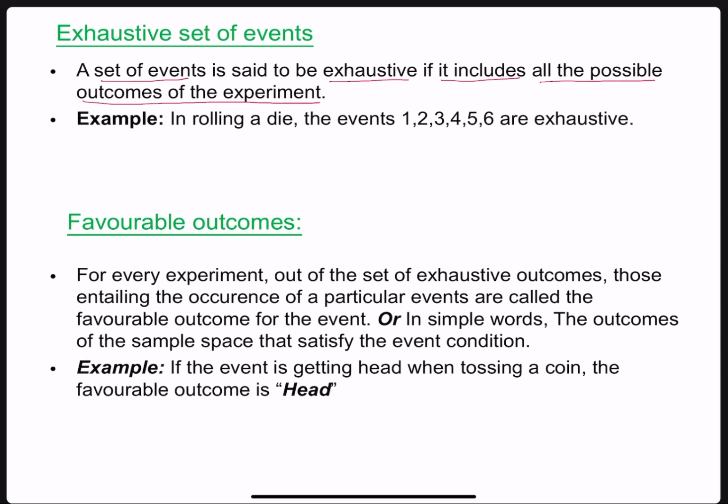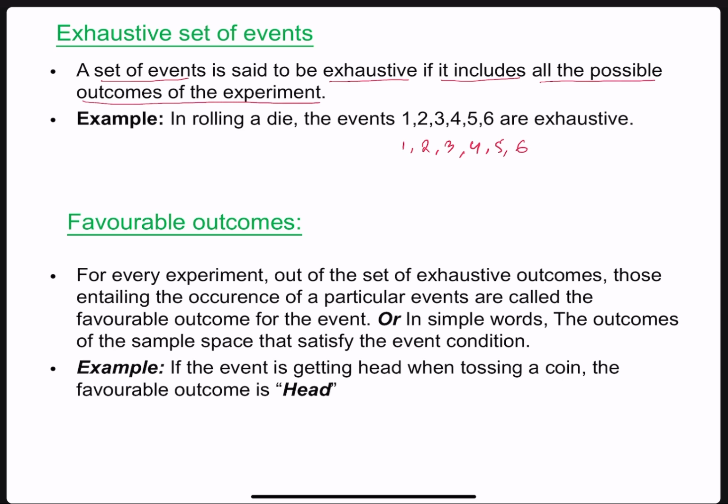Here also it says that it includes all the possible outcomes of the experiment. Let's take an example. In rolling a die, the events 1, 2, 3, 4, 5, 6 are exhaustive. Suppose you write only 1, 2, 3, 4, and 5. That means it is not exhaustive. You still need another, that is 6. Therefore, it should have all the possible outcomes in an exhaustive set of events. You have to learn all this properly.